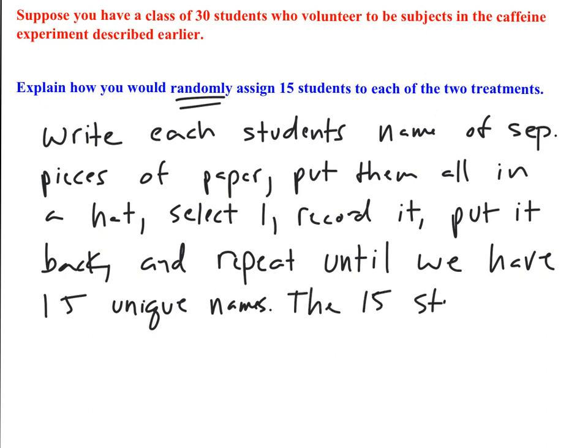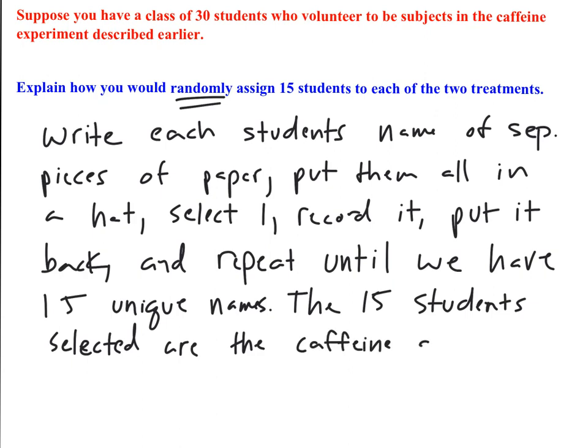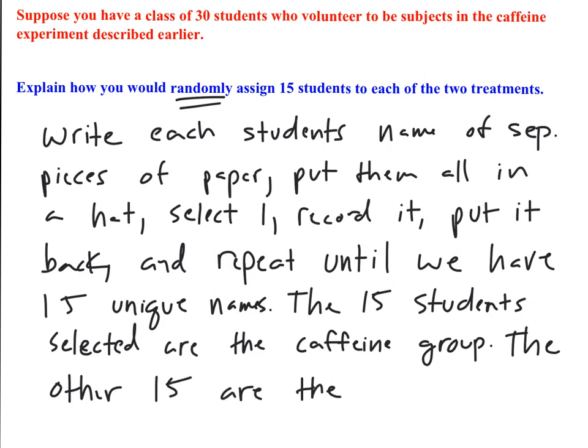The 15 students selected are the caffeine group, and then the other 15 are what we'll call the control group.